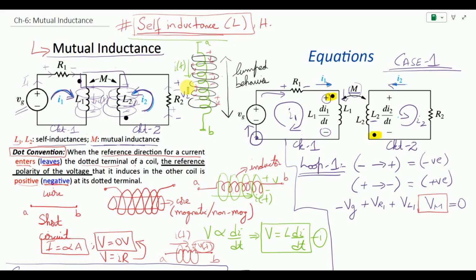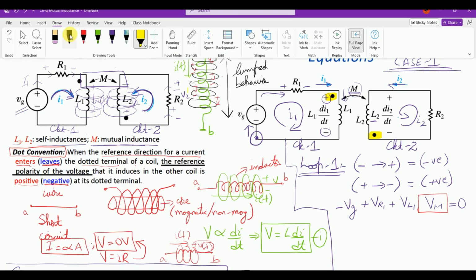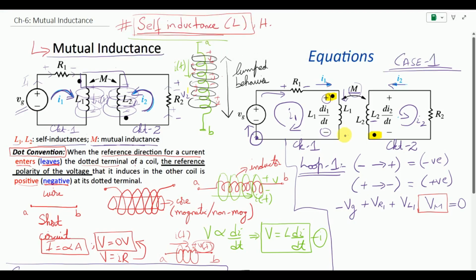So now we need to see the flow of current with respect to these dots. Since we are talking about the effect of M2 on the first inductor, we have to see the flow of current with regards to this dot.